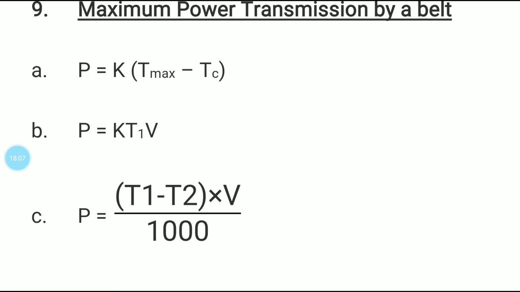And second one, P is equal to K constant tension T1 V, where V equal to linear velocity, r omega. And then the third formula, P equal to (T1 minus T2) into V, divided by 1000. This V is also r omega, the linear velocity.